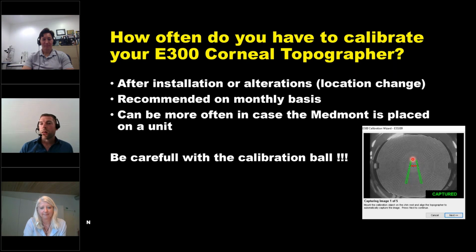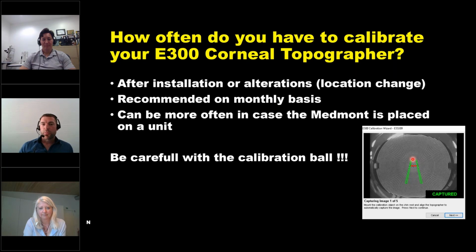If you see after a while that the measurements are stable, you could do it perhaps on a 2-monthly basis. But also, if you see month after month there is a big change, for example if your Medmont is mounted on a unit which is moving a lot, it can happen that there is much more deviation than normal. I would recommend perhaps a bi-weekly calibration.